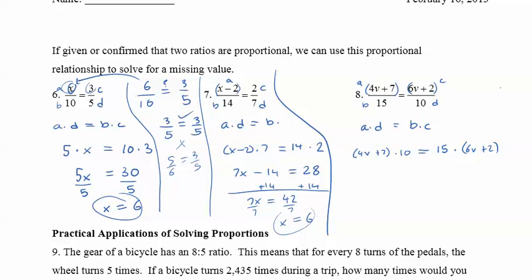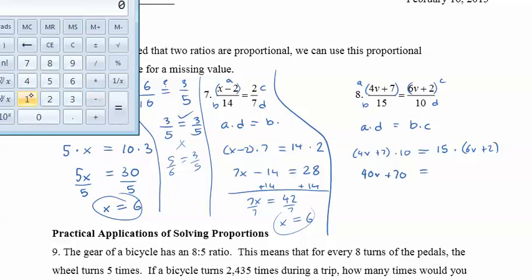So really you're just solving an equation with the variables on both sides. In this one, distribute the 10 to both of them, so 40v plus 70 equals 15 times 6. I admit I do not know right now what 15 times 6 is. We can use a calculator, but it's 90.